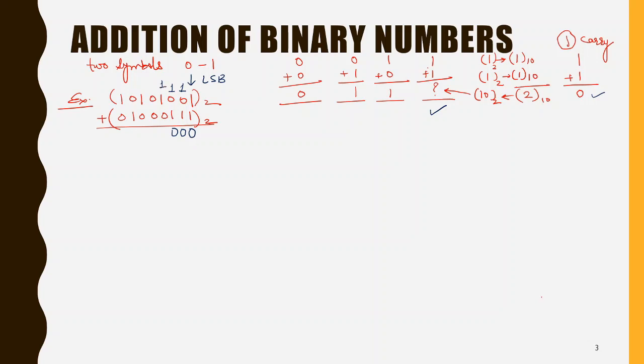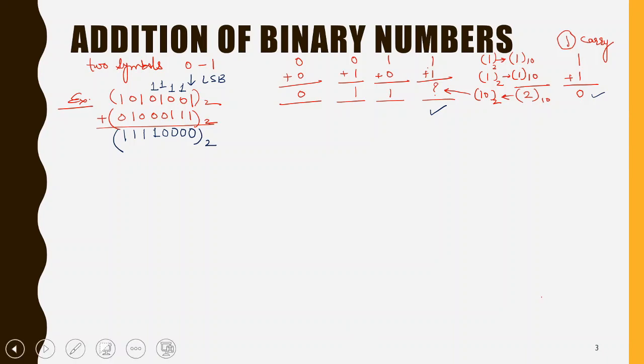Now see this, 1 plus 1 is again 0 and 1 to the carry. Here 0 plus 0 is 0 and the remaining is 1. 1 plus 0 is 1, and 1 plus 0 is 1. So this is the result of addition.